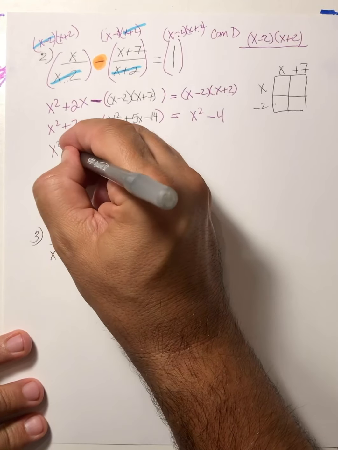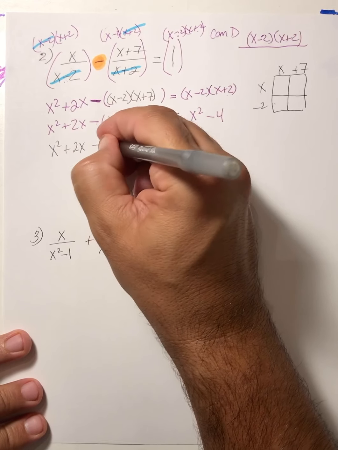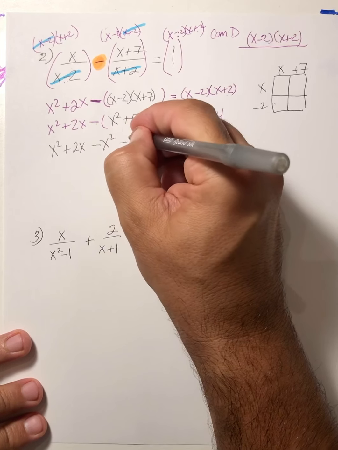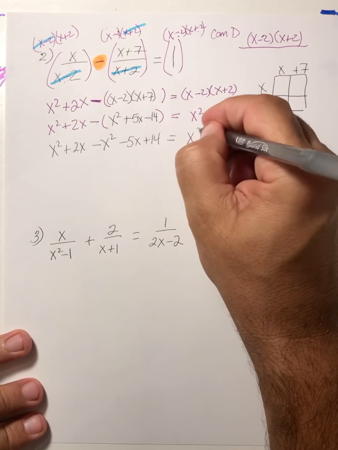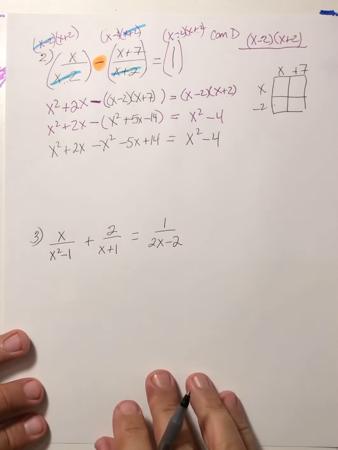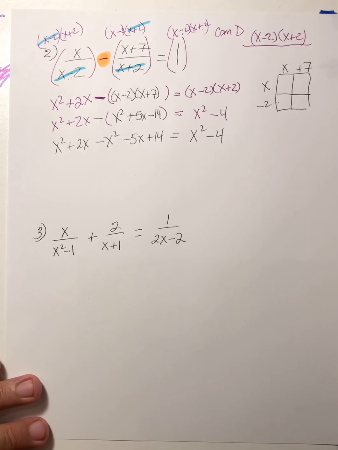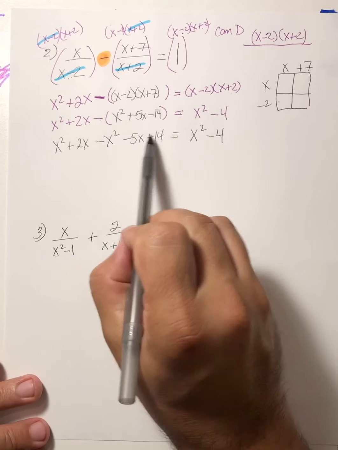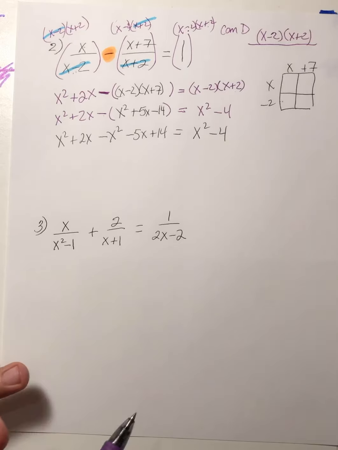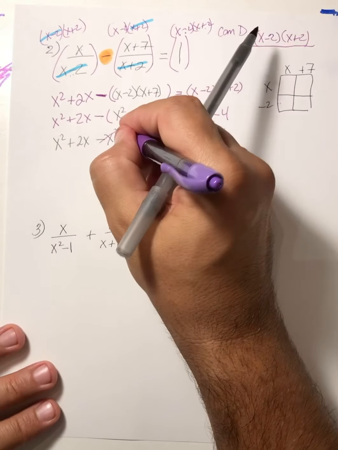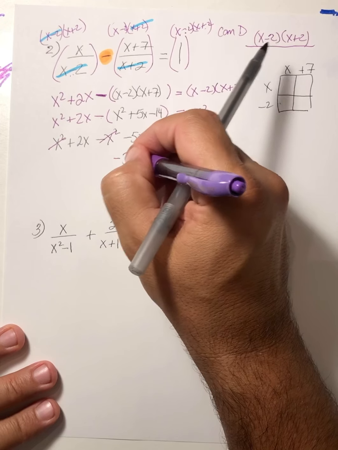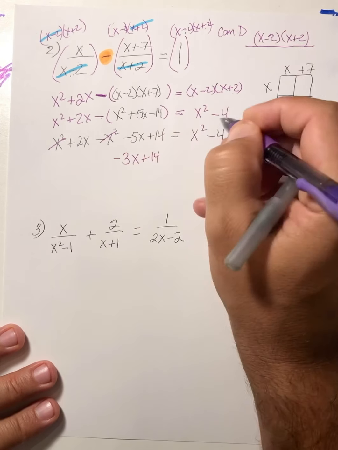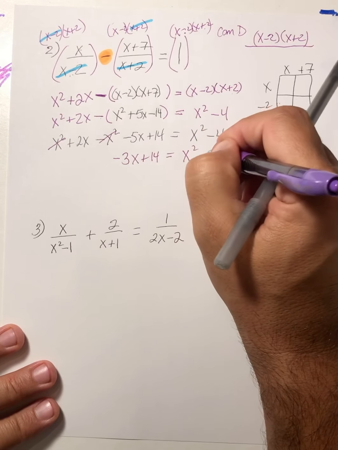So I have x squared plus 2x minus x squared minus 5x plus 14 equals x squared minus 4. Now, I'm going to combine like terms on the left-hand side. And when I combine, it looks like my x squares cancel. So I'm going to have negative 3x plus 14 equals x squared minus 4.